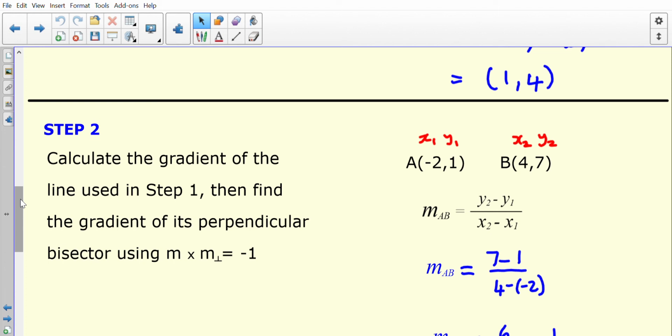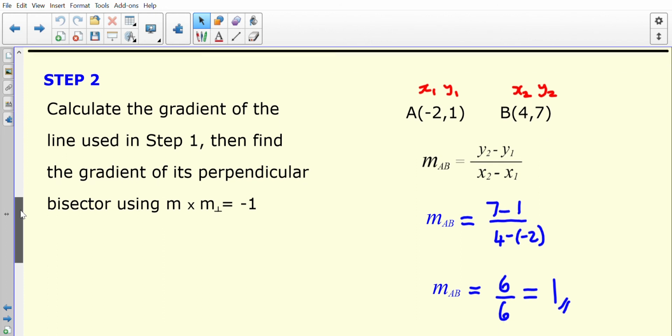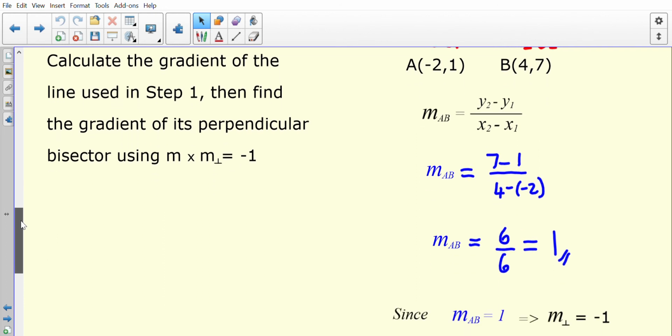So that leaves you with 6 over 6, which at the level you're working at you would rewrite as 1. So if the gradient of AB is 1, the perpendicular bisector would have to be -1, since 1 times -1 gives you -1.